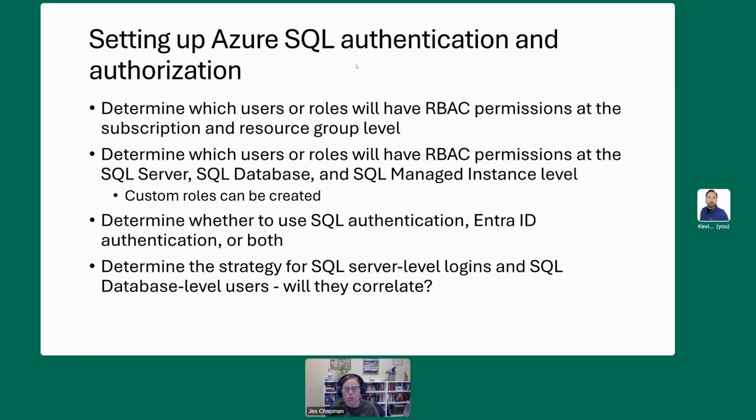Another big thing to decide on earlier rather than later is, do we use Entra authentication only, SQL authentication only, or some blended mix of both? Again, Entra authentication by default is more secure. It is recommended. Definitely try to get there if you can.